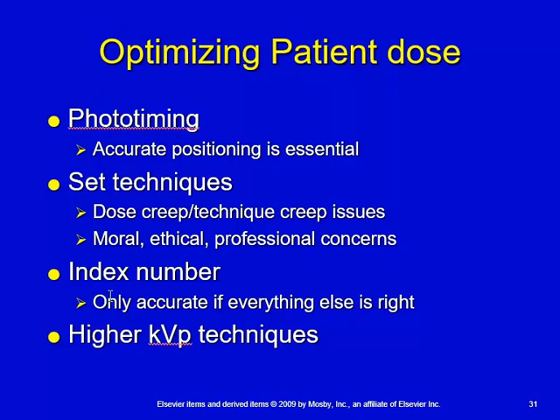Learn what your index numbers should be. They're only accurate if everything else is right, if your collimation is right, if your centering is right. So again, make sure that your positioning is as spot on as you can get it.